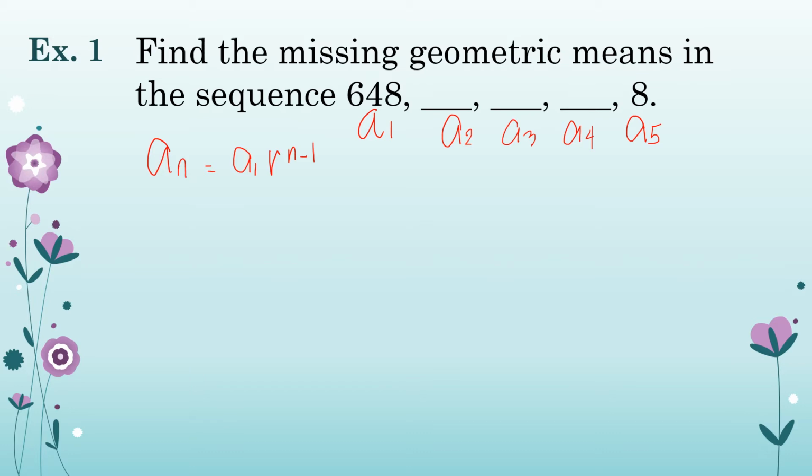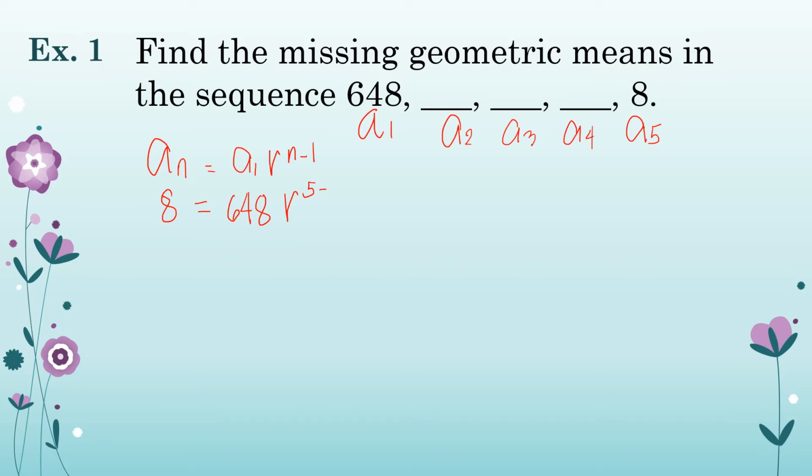What about n? Do we know what n is? Yes, that's 5. So substitute all this given. So our a sub n is 8 equals our a sub 1, 648, times r, which is unknown, and n again is 5.